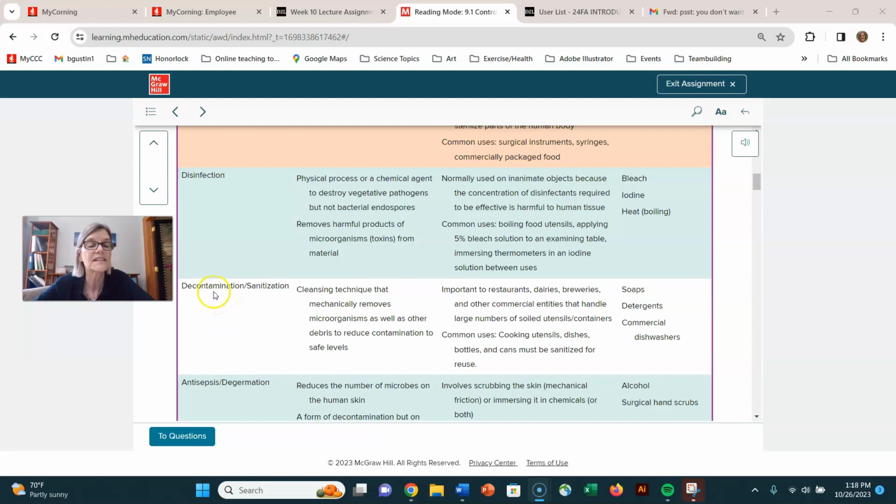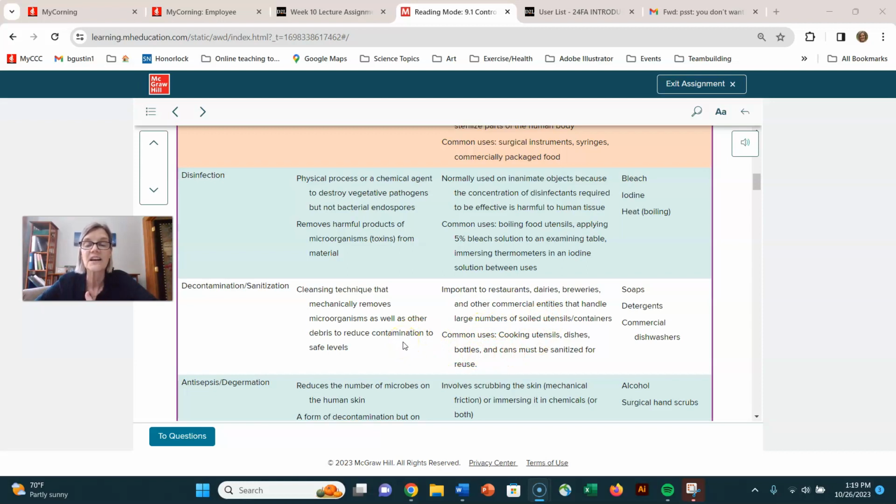We use this word decontamination, or you might hear it called sanitization. I use the word sanitization more often. And we hear about sanitizing things. And what that means is it's talking about inanimate objects, and typically this is something we would do in a restaurant, dairy, like in a commercial setting, that you're going to reduce the number of microorganisms.